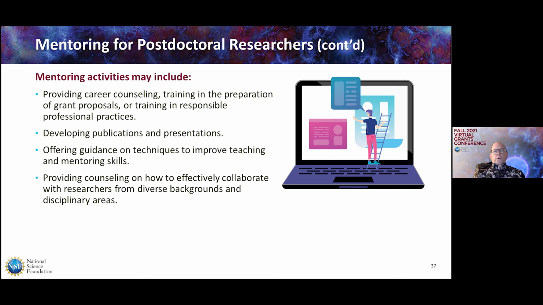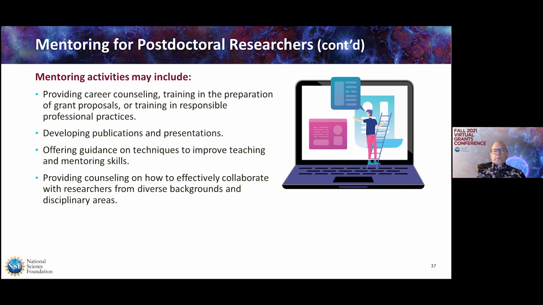Today, there are many options for PhDs to provide career opportunities, but the expectation is that in some cases or many cases, these postdocs will get faculty positions and will be responsible for writing grant proposals in the future.